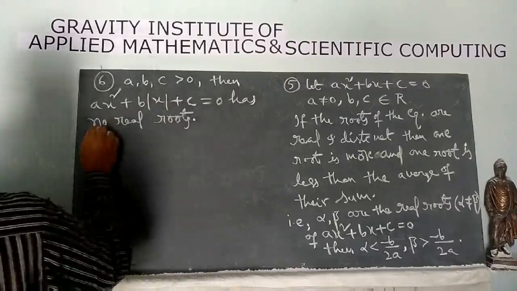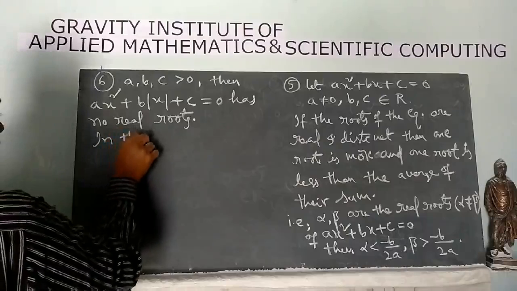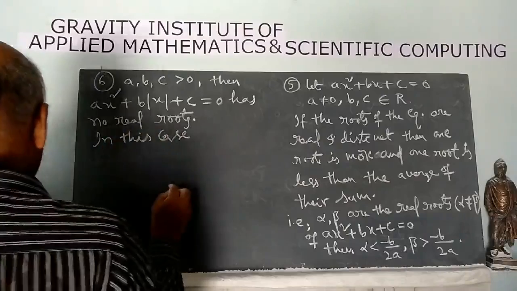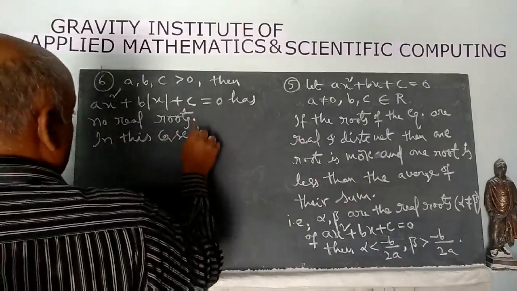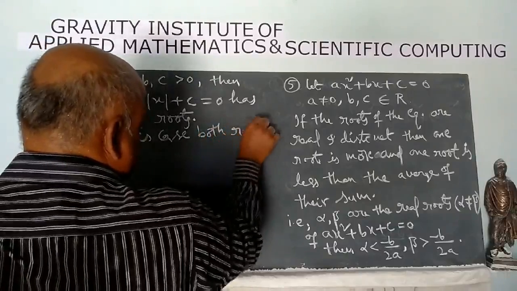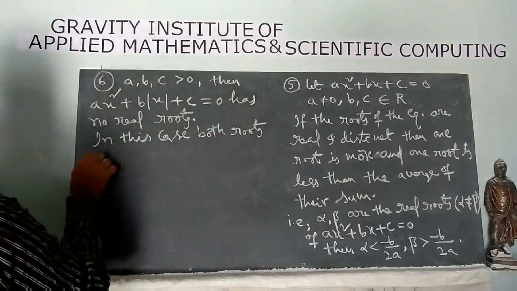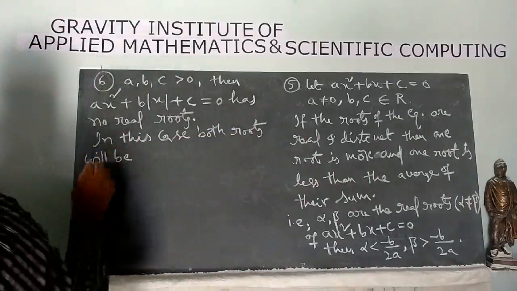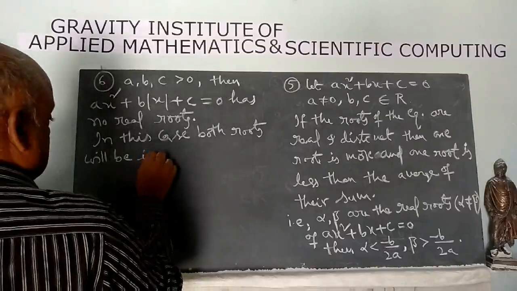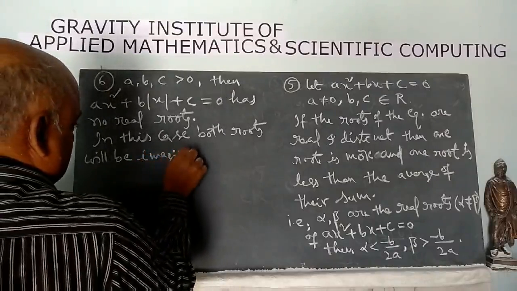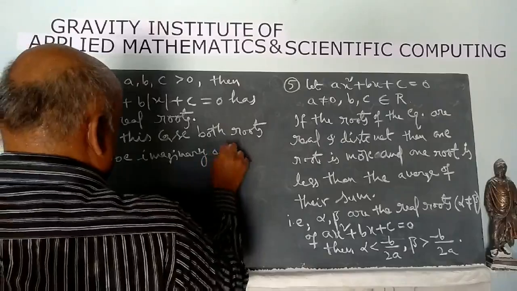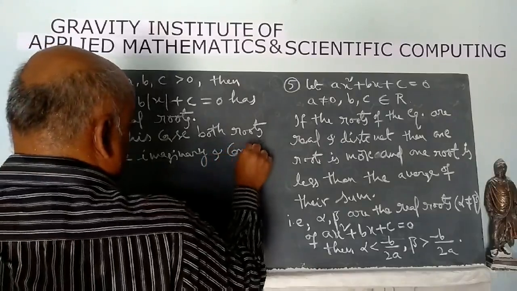In this case, both roots will be imaginary and conjugate to each other.